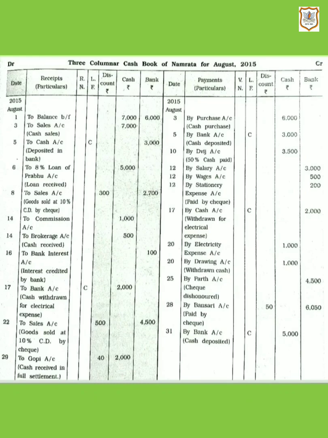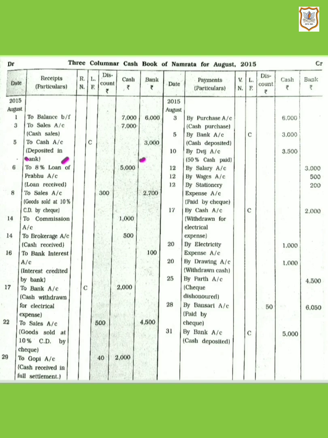So here cash is coming into the business, so we will record it on the debit side, 5,000 in the cash column, and the reason because of which our cash balance is increasing, that is we have taken a loan. So here we will write in the particulars column To 8% Loan of Prabhu Account, date 6th.